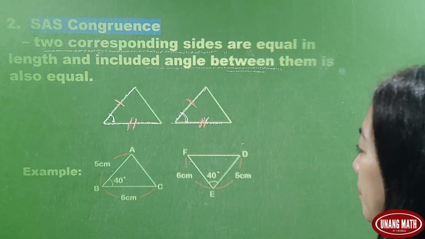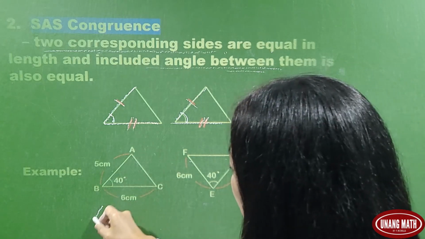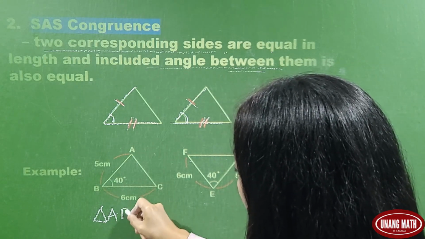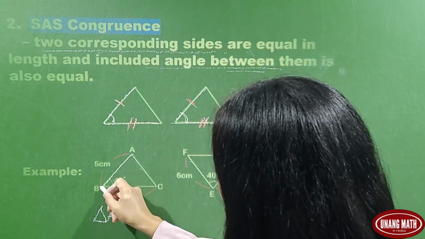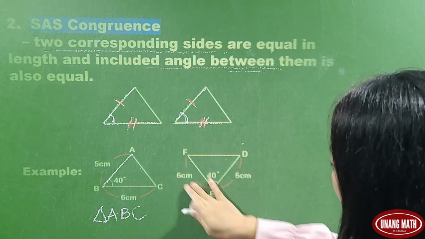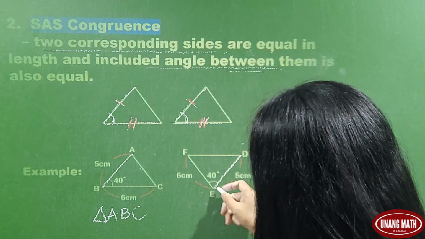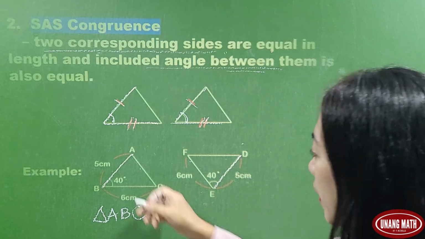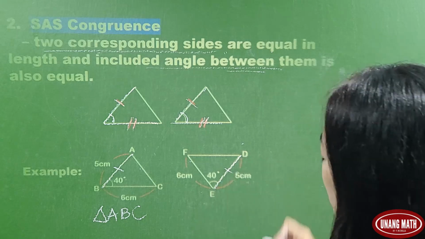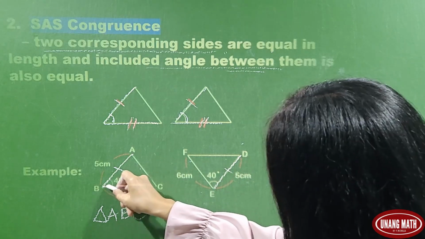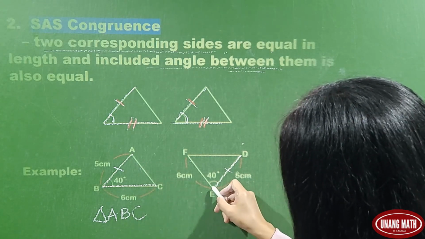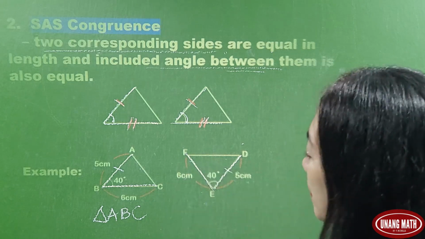Okay, example. Let's name this triangle ABC. This side measures 5 centimeters. We have here another triangle. And if we're going to take a look at this side, this is also 5 centimeters. So it means this side corresponds to this side. Okay, this side is 6 centimeters. We also have here this side 6 centimeters.